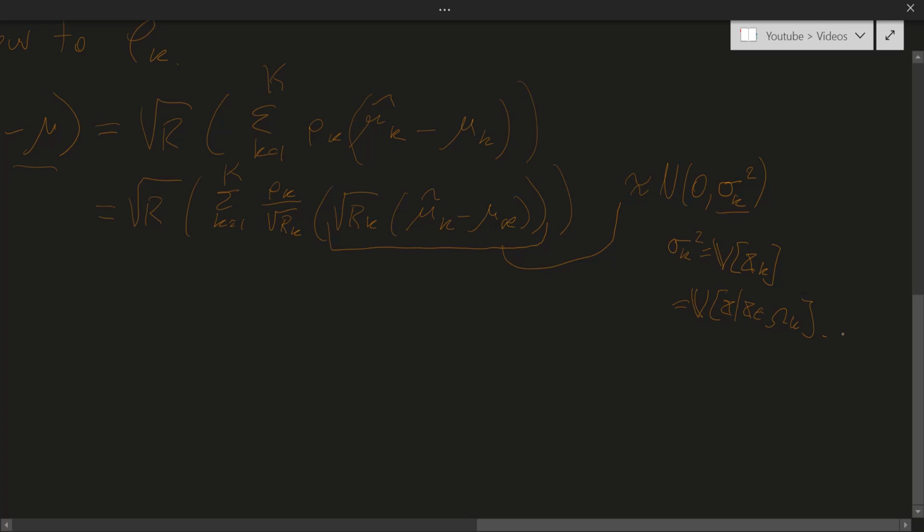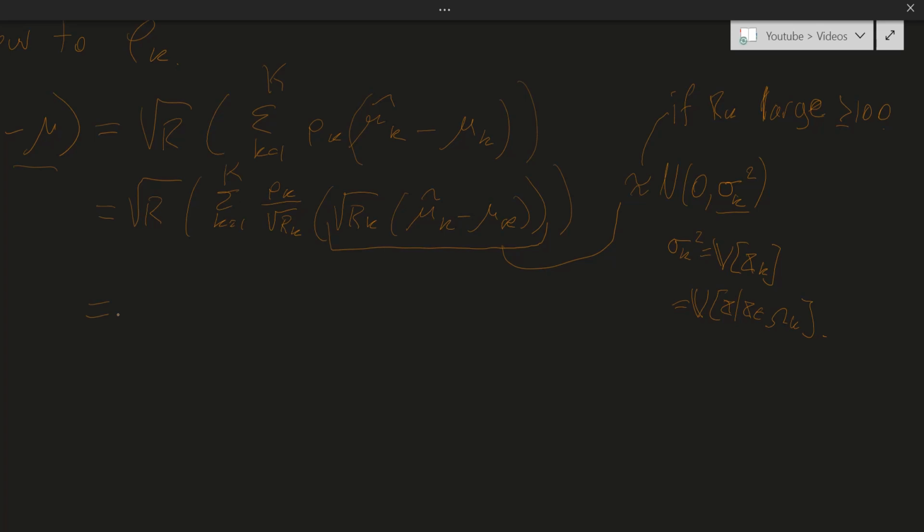For this to be true, we need rk to be large. We can, for example, say larger than 100 will usually be all right in most cases. That's a bit of a simplification, but I don't want to say more about this. You can look into this yourselves.